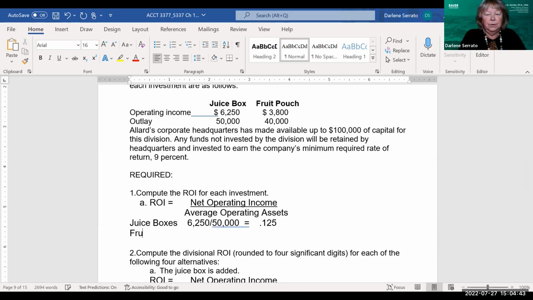Fruit and veggie is 3,800 divided by a $40,000 investment. Okay, and that gives us 0.095.